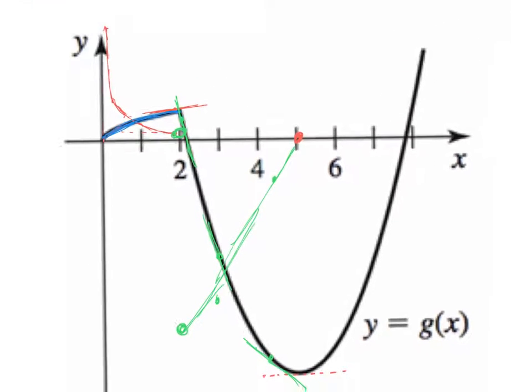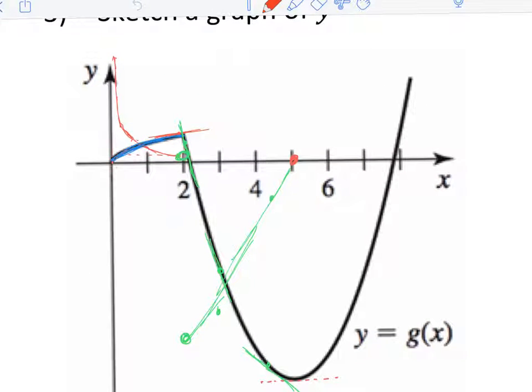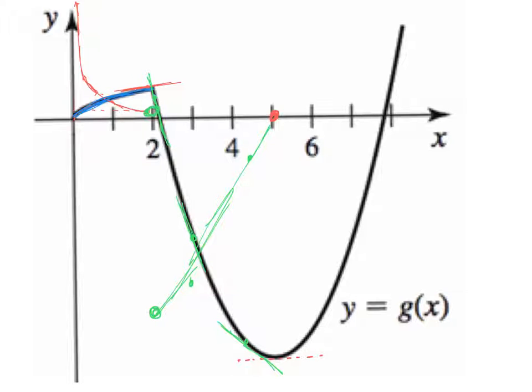And then on the last branch, I'm going to use the blue one. So at this point, this is somewhat flat, but it's positive, so it's close to the x-axis.